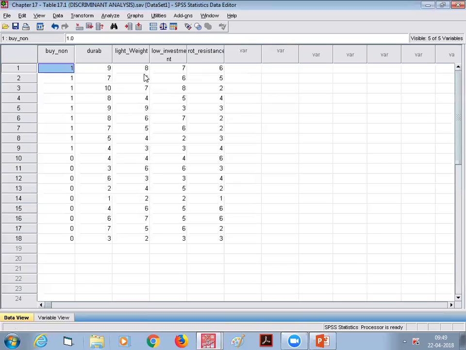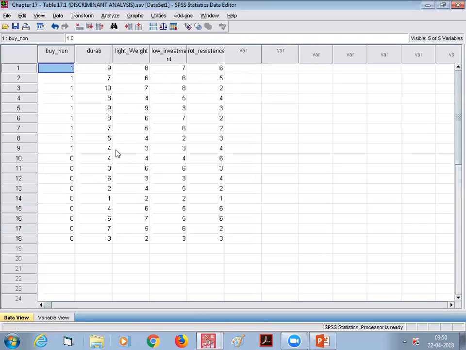For the second person, lightweightness is 80% important, then 70% and 60%, accordingly as given. The third person you can see, 100% importance for durability when buying. Whereas for other people, it is not so much. Look here, for 9 and 10, durability is only 40%.